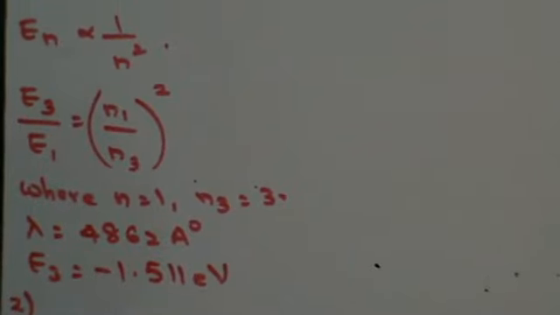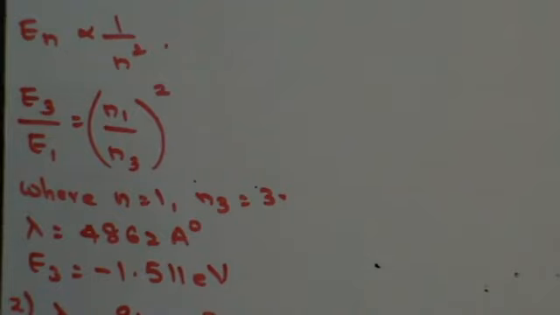Next: the shortest wavelength line in the Lyman series is 912 Angstrom units.